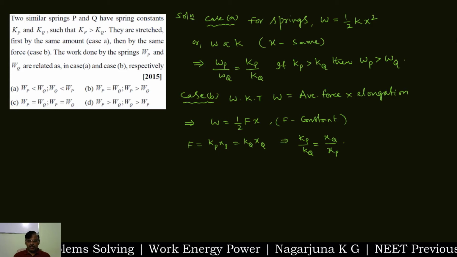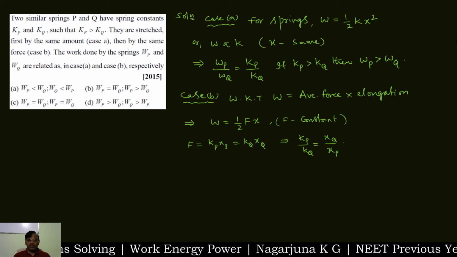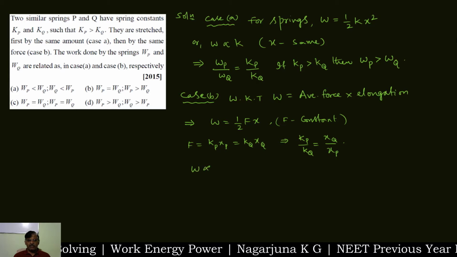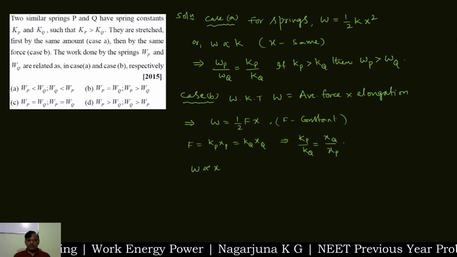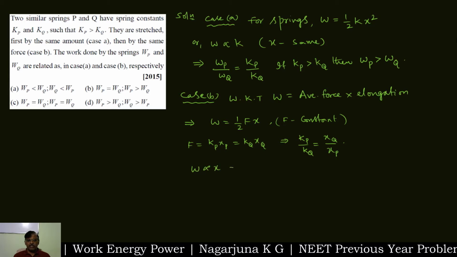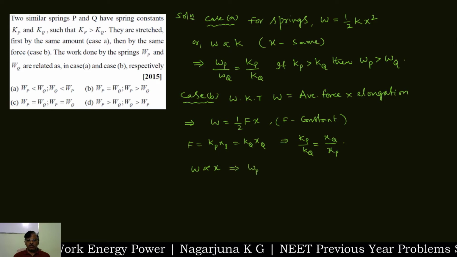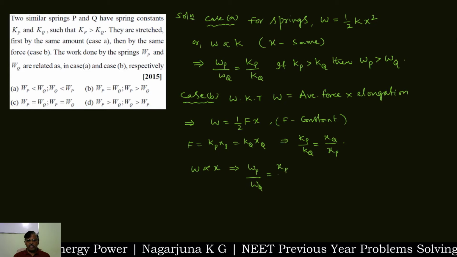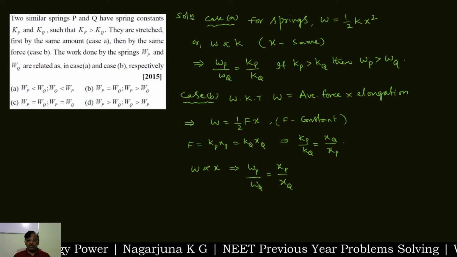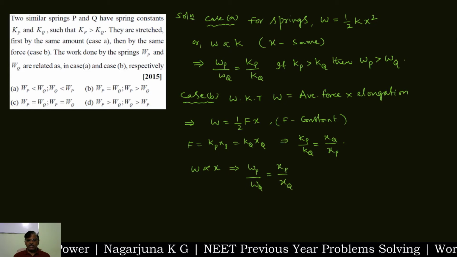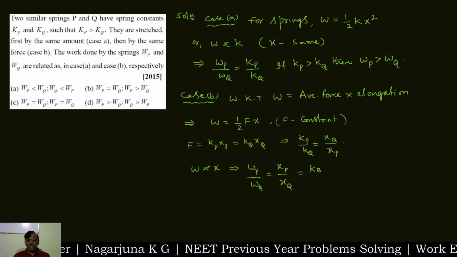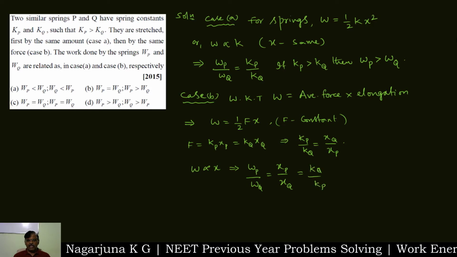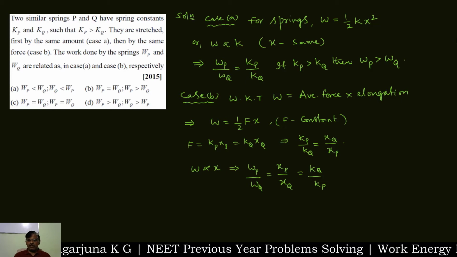From this, W is equal to half Fx, so we can write W is directly proportional to X because F is constant and 1 by 2 is constant. So that implies Wp divided by Wq is equal to Xp divided by Xq. But Xp divided by Xq can be written as Kq divided by Kp.